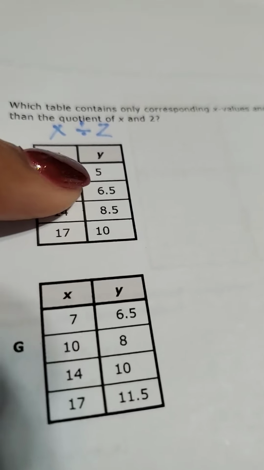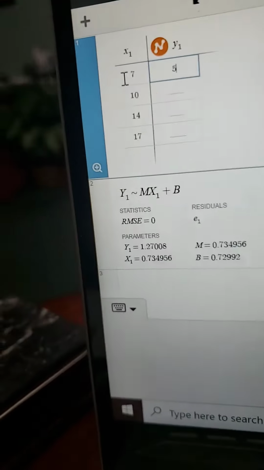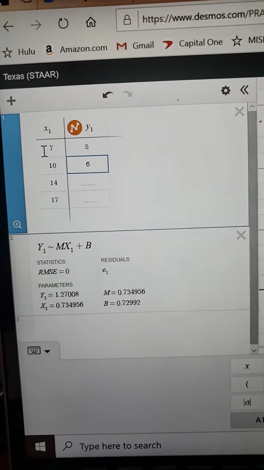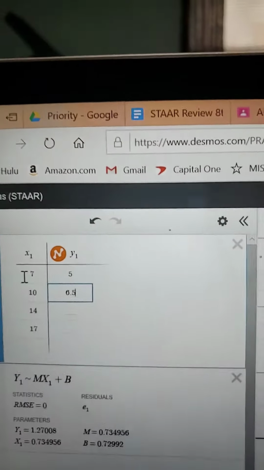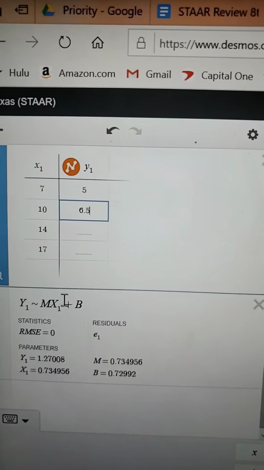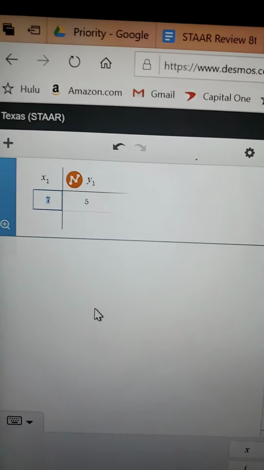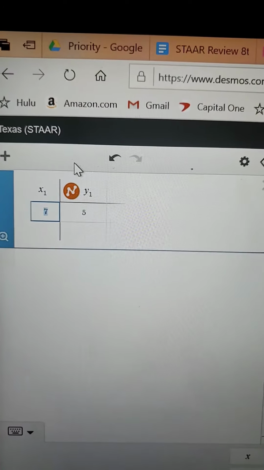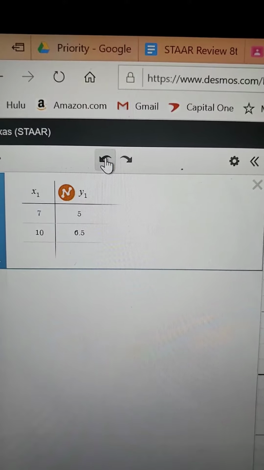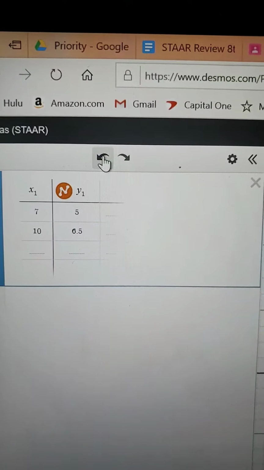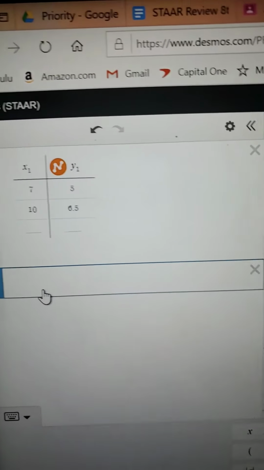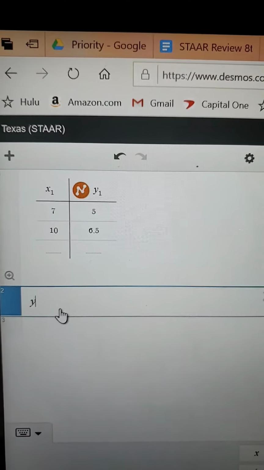Now my y values are going to change. I need to know, okay, if y is 5, cool. How about 6.5? On your STAAR exam, you need to be aware that you only actually need 2 points.